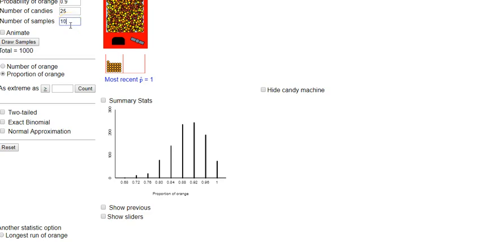Then 100. And 500. It's hard telling at that amount because 500 is already a large amount. They're pretty symmetrical. There is some skewage. This time it's skewed a little bit to the left. But the larger the number, the more representation you're going to have in a normal distribution.